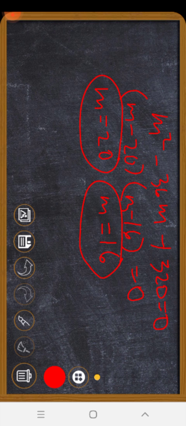If you wish to have m as 20, then that will be the number of rows, and your number of columns would be 36 minus 20, which is 16. So that could be the arrangement of your room.